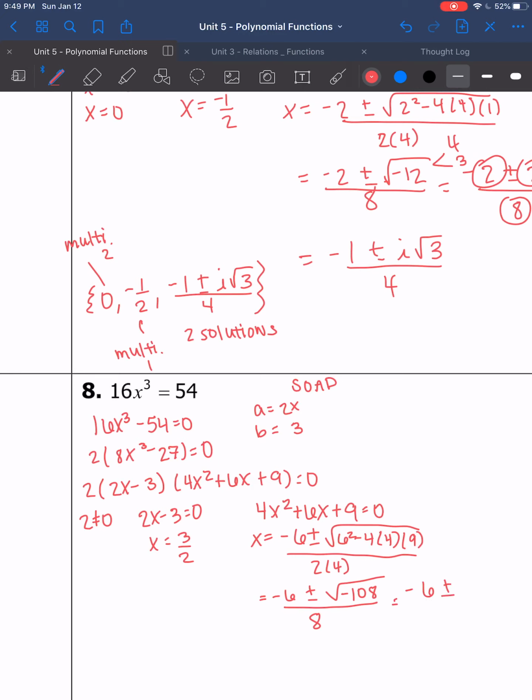Negative 6 plus or minus 6i square roots of 3 over 8. I'm dividing by 2, so I get negative 3 plus or minus 3i square roots of 3 over 4. So 3/2 is one of them, and then this lovely thing is my other one.